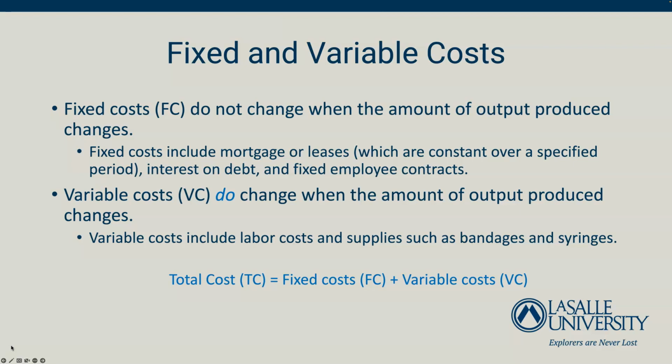Variable costs, on the other hand, do change when the amount of output produced changes. So variable costs include things like labor costs and supplies such as bandages and syringes. So the total cost for a hospital or a clinic is simply the sum of fixed costs, or costs that are not changing with the level of output, and variable costs, which do change with the level of output.